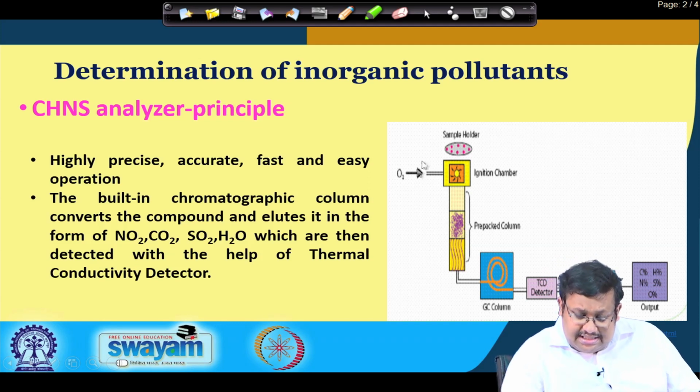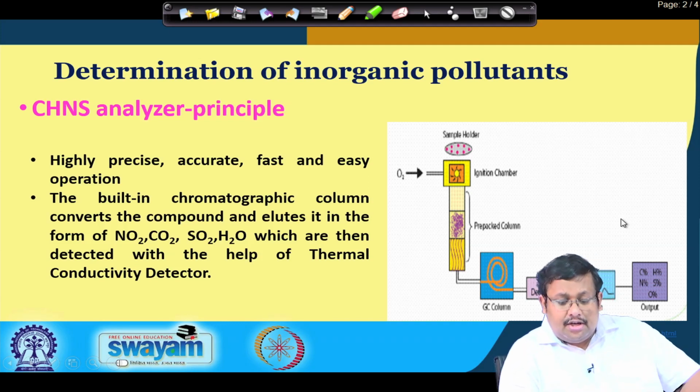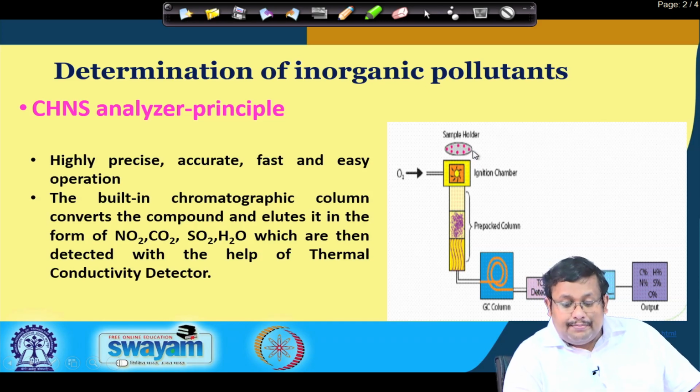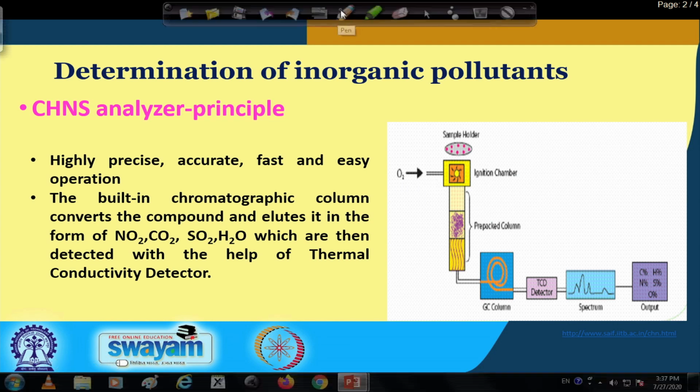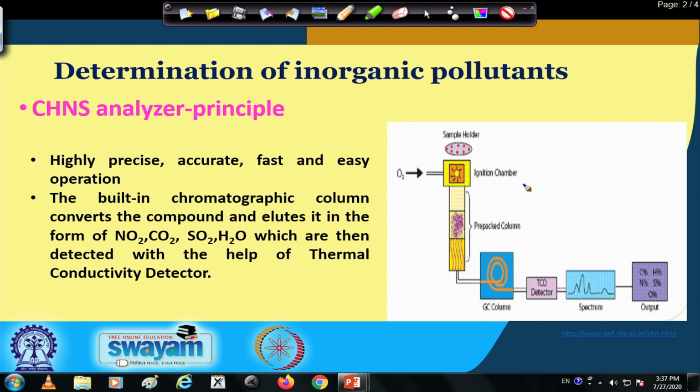In this diagram it is more clear. There is a sample holder or auto sampler, and after that there is an ignition chamber, and in this ignition chamber the samples are ignited with the help of oxygen which is introduced, and then they convert into sulfur dioxide, carbon dioxide, nitrogen dioxide and water vapor, and then they move through a pre-pack column.